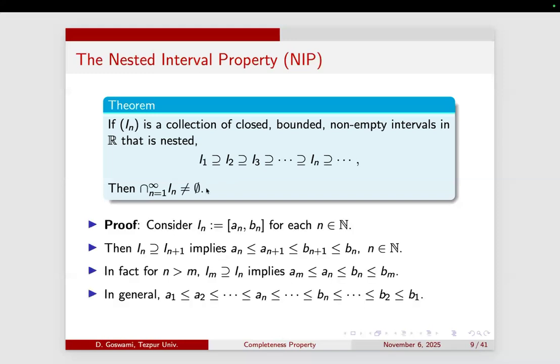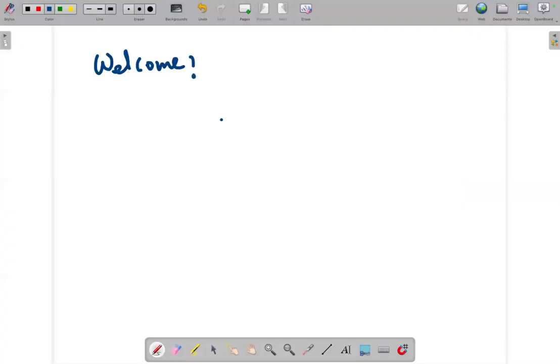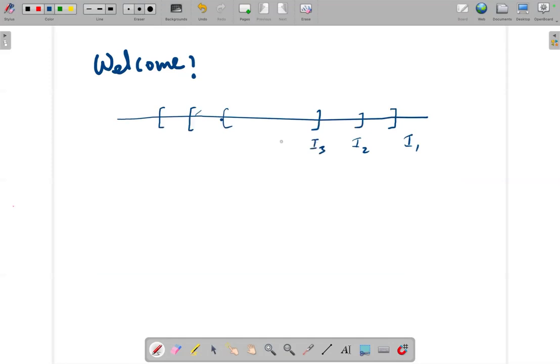Okay, so let's have a look at what we are trying to say. We'll try to prove geometrically most of the time because we have limited time. So assume that this is your I1 first. This is your I2. This is your I3. And so on. So these are my a_n's, a1, a2, a3, and these are my b_n's.